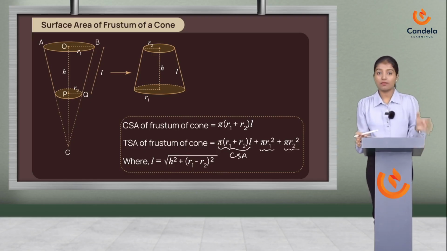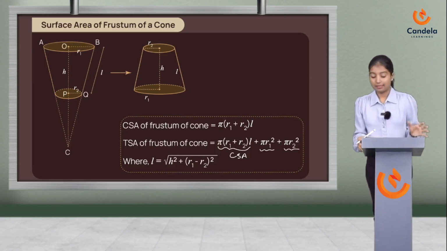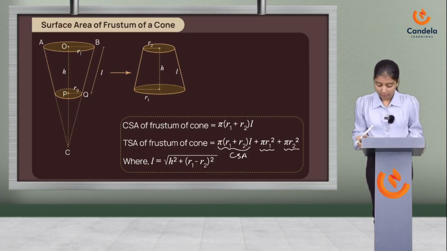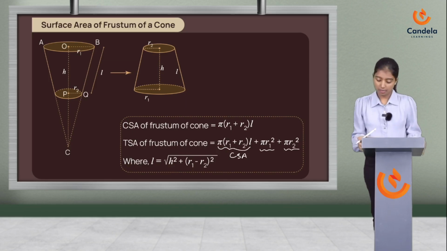Yes, we know area of a circle, right? That is pi R square. So that's it. That would be the formula to find the total surface area of frustum of cone, where L is our slant height, that is equal to root of h square plus (R1 minus R2) the whole square.